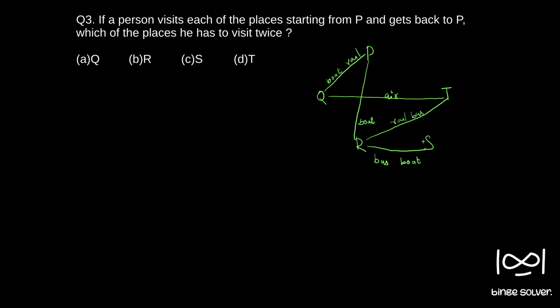So the answer would be S, since whatever way you choose, sorry, answer would be R. Whatever way you choose, to reach S you have to go from R, then from S you have to return back to R. So you will have to visit R twice. So that is the reason R is the answer to question 3.